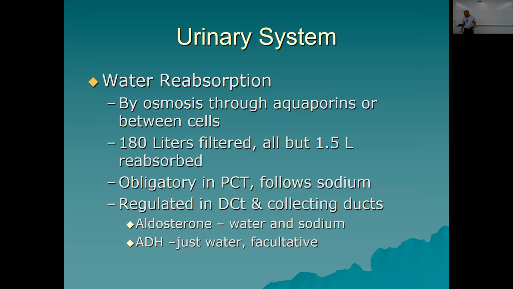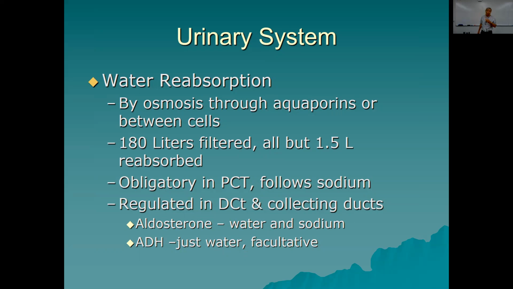Okay, water reabsorption by osmosis through aquaporins or between cells. Aquaporins are proteins in the membrane that allow water to cross the membrane, because water is a hydrophilic molecule and can't get across the membrane all by itself. Over the course of a day, we filter 180 liters of water, and only about 1.5 liters is excreted.